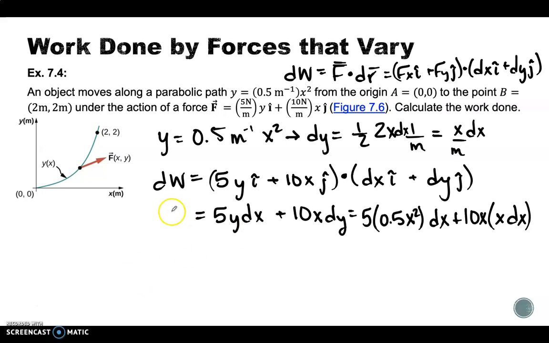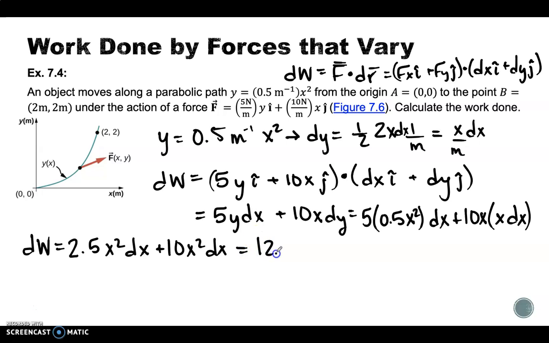All right. So now if I write it again, dw equals 5 times 0.5, which is 2.5, x squared dx plus 10x squared dx. Or we can say 12.5 x squared dx.